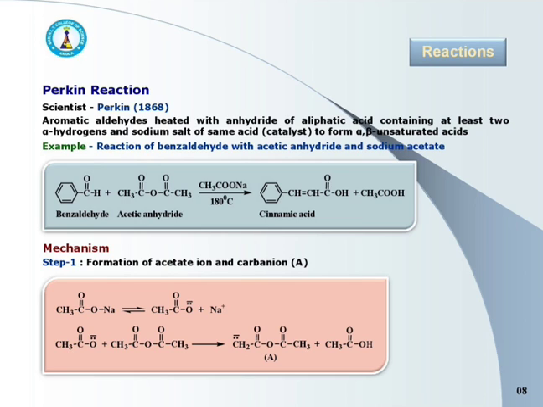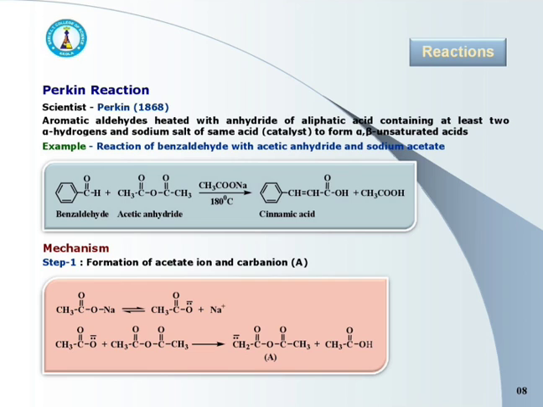First step is formation of acetate ion and carbanion A. Sodium acetate dissociates to give acetate ion. It abstracts alpha hydrogen from acetic anhydride and forms the carbanion A.